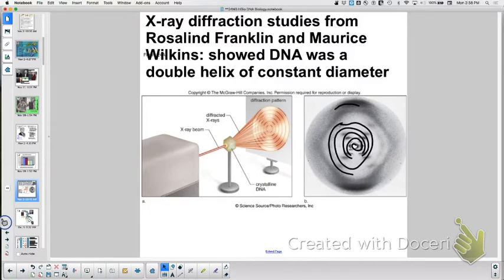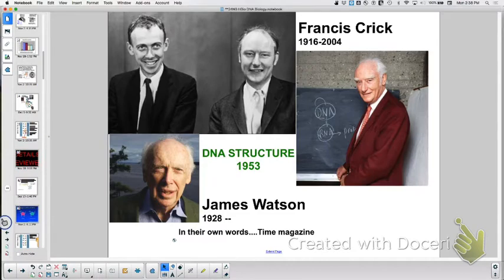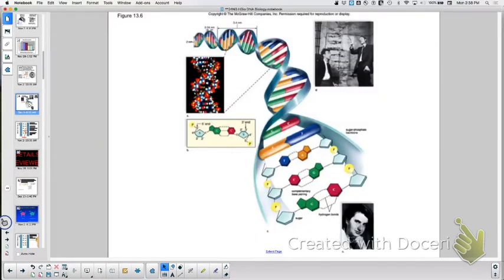That information coupled with Chargaff is what helped Watson and Crick, who got the Nobel Prize, to come up with the double helix. Because Chargaff's data would explain why the C's and G's are paired and the A's and T's are paired. And Rosalind Franklin and Maurice Wilkins' work would explain the diameter is the same because you always have a purine connected with a pyrimidine.